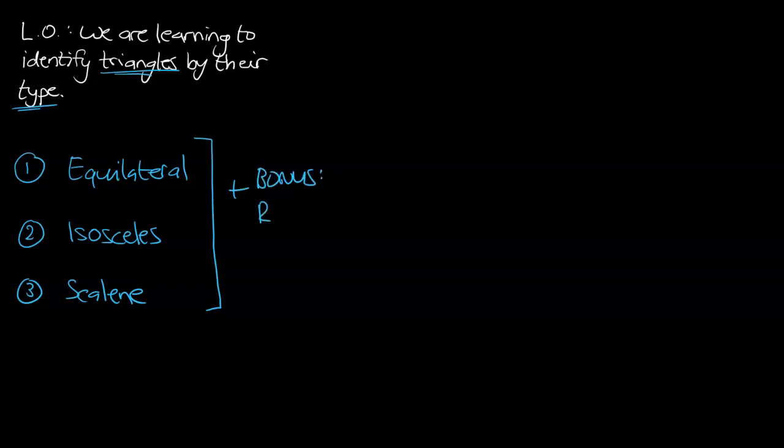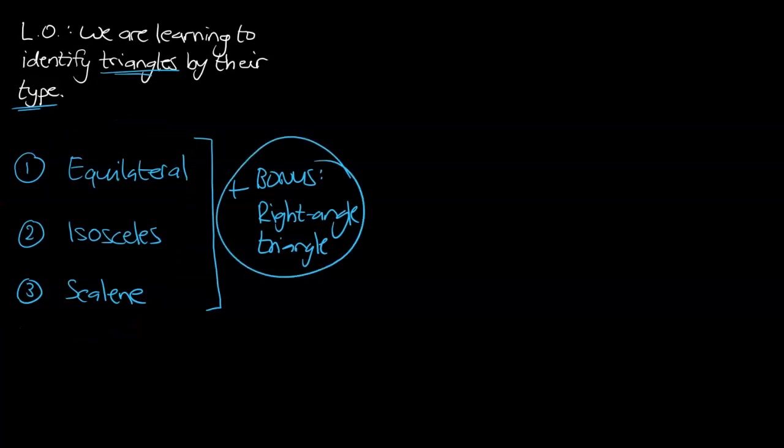It may also be one of those right angle triangles, which are actually going to be really, really important. So it is going to be one of these three, and in addition to that, it may be this as well.